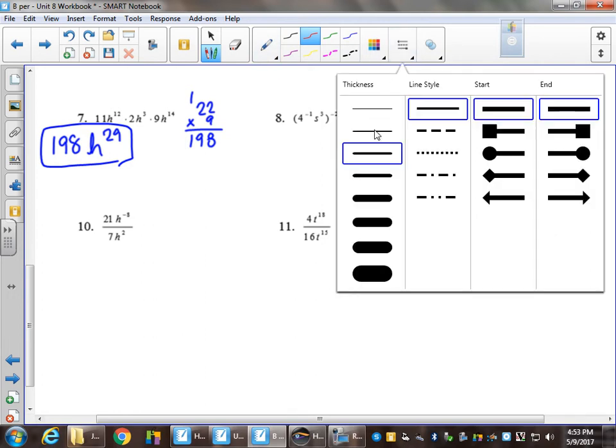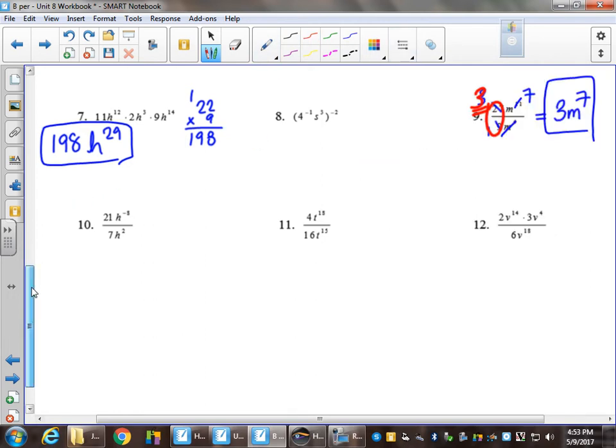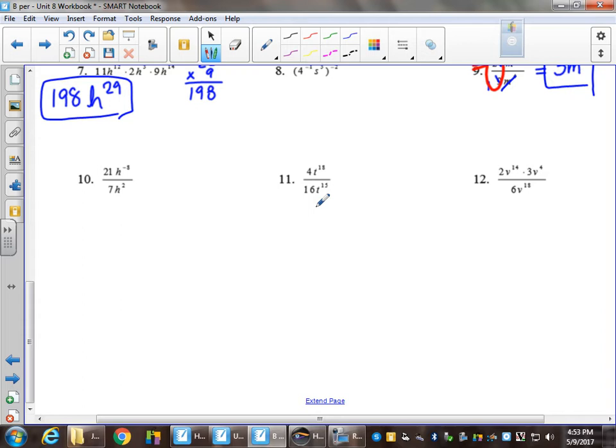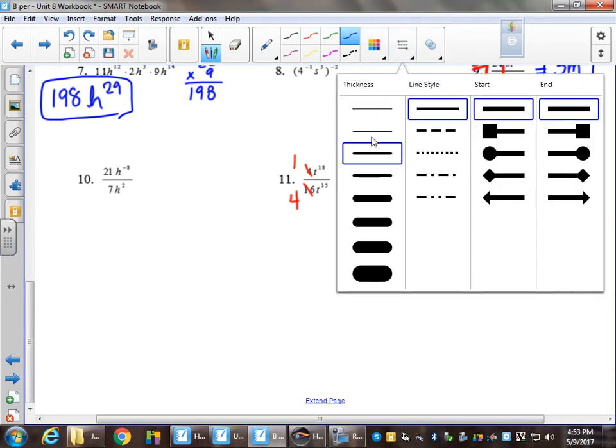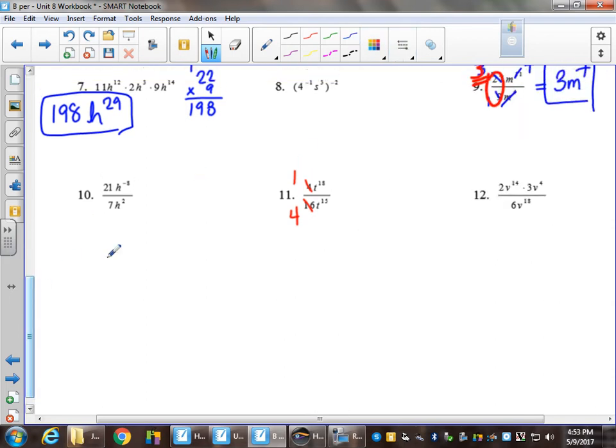Number 11. 4/16 is our fraction. 4 goes into itself 1 time and into 16 4 times. So we can see that 4/16 reduces to 1/4. I've got 18 t's up top and 15 in the bottom.